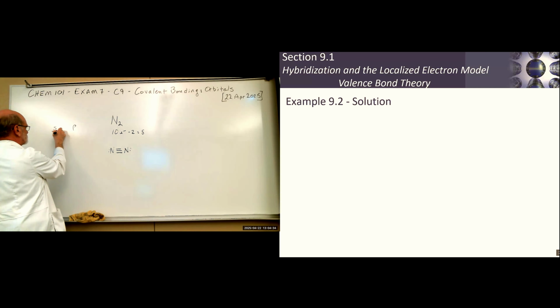All right, so there's your Lewis structure, and we need sp hybridization. And we have 2 unused p orbitals. The sp's form the sigma bond, and then the unused p's form the two pi bonds.